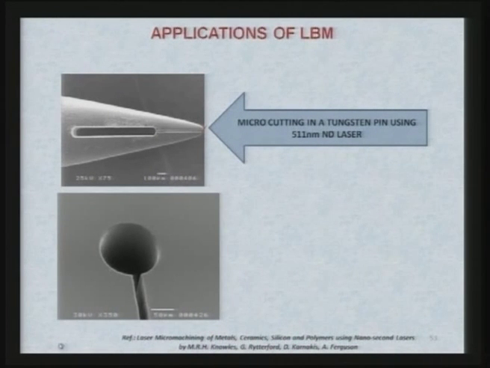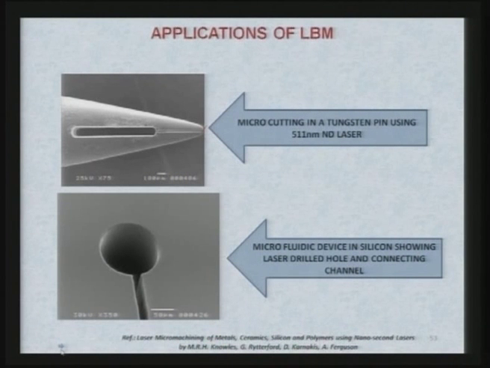Here you can see the microfluidic device in silicon showing laser drilled hole and connecting channel. Here you can see the laser drilled hole and this is the connecting channel, and you can see the scale over here for 50 micrometer, and you can imagine the size of this hole and the connecting channel. Connecting channel is smaller than 50 micrometer as is clearly visible from there, and the references are given over here.